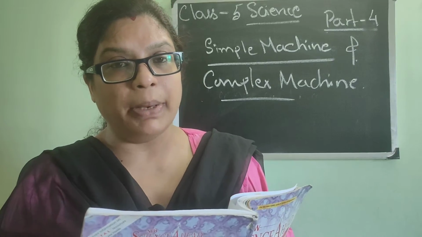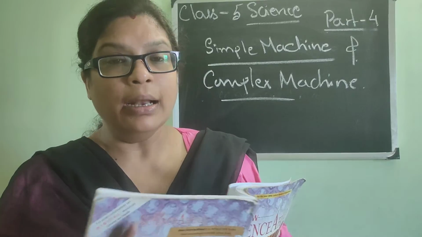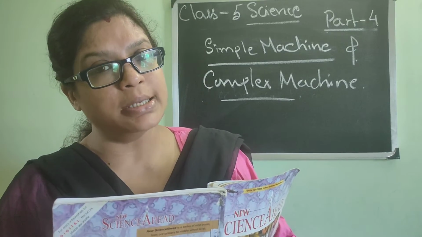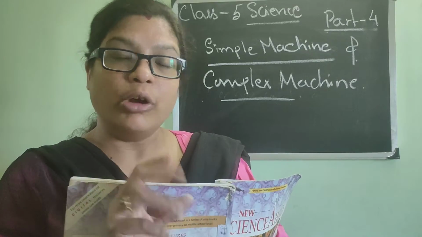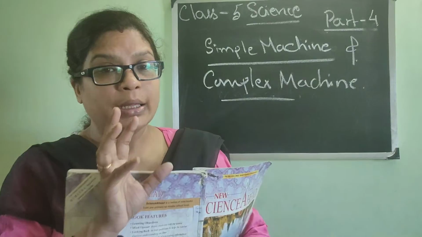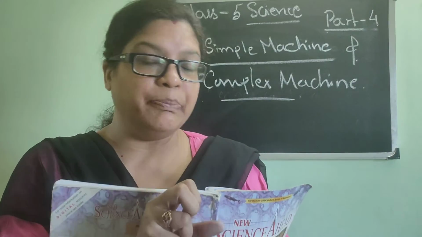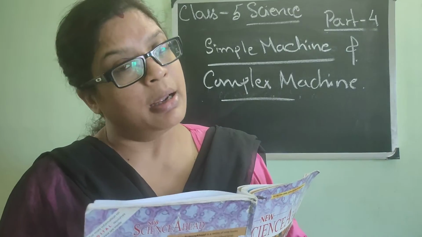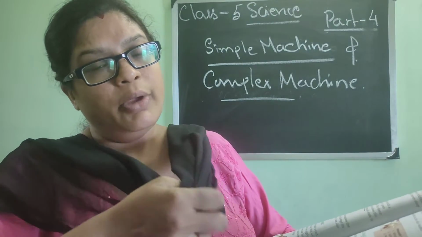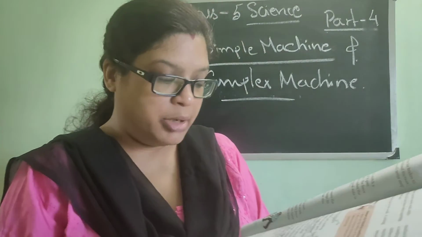But in a complex machine, there are many different parts, isn't it? A simple machine is a simple one and a complex machine is a little bit complicated. And the main difference: there are 6 different types of simple machine, and with these simple machines, with simple parts, we make the complex machines.